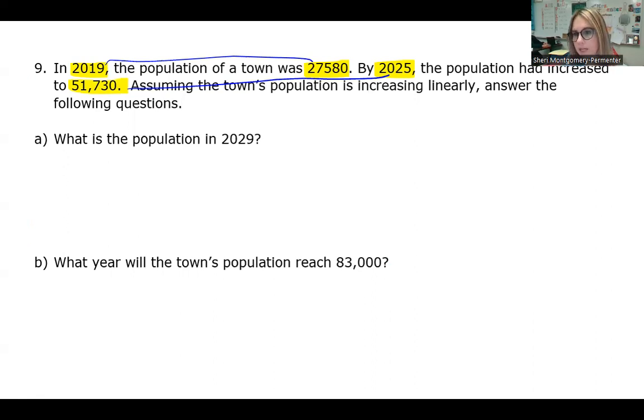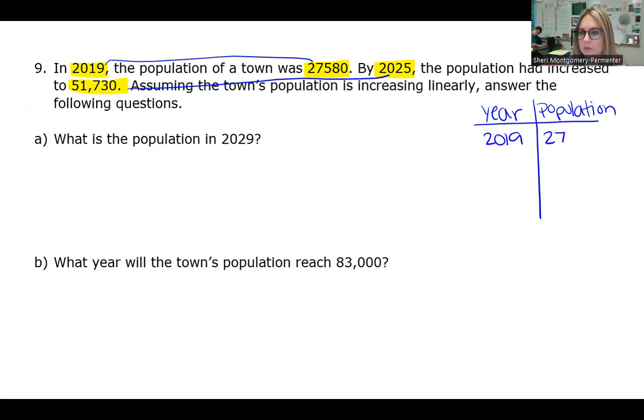So to do that, I need to make a table, just like I did last time. And I'm going to have the year, and I'm going to have the population. So I'm going to write down what's given, starting with the earlier year. So the earlier year that I have is 2019. And in 2019, I had 27,580. 2025, I have 51730.